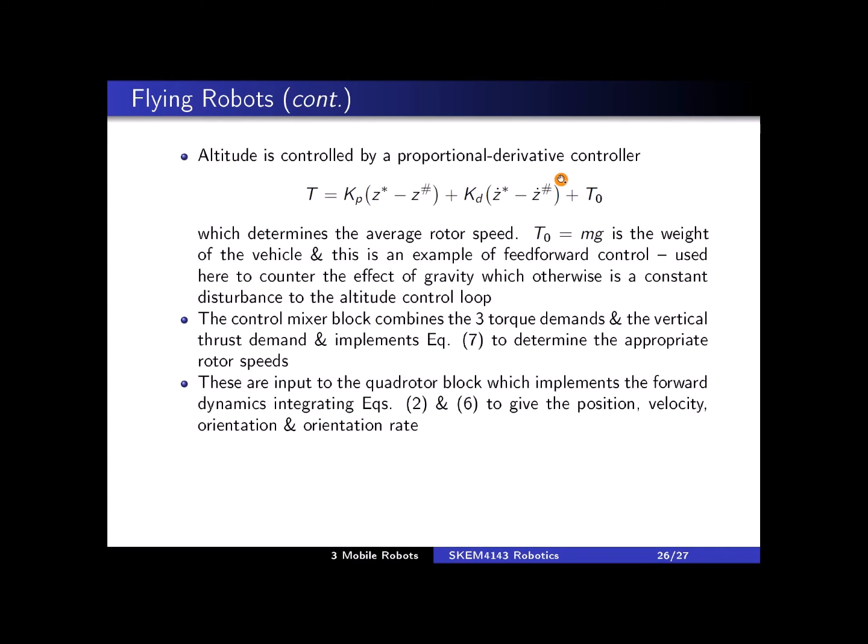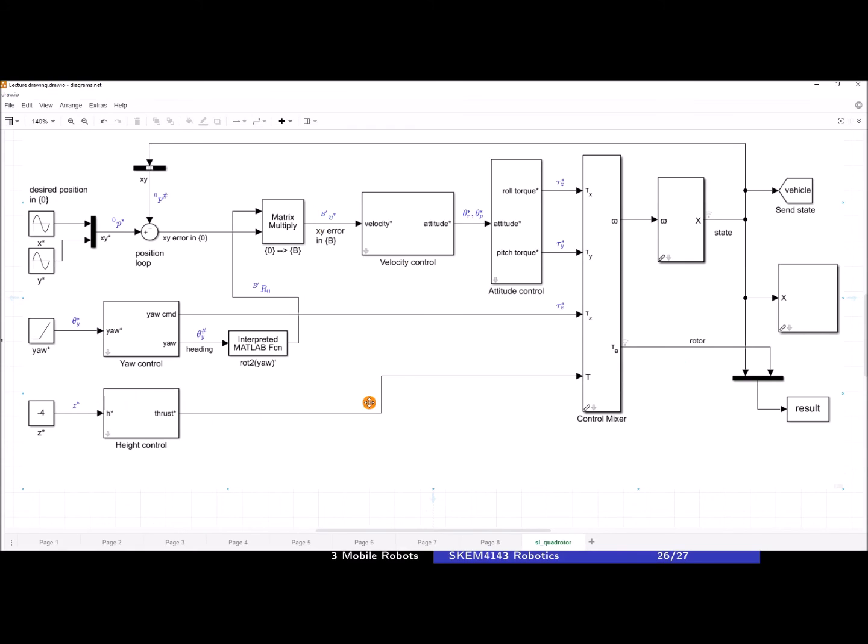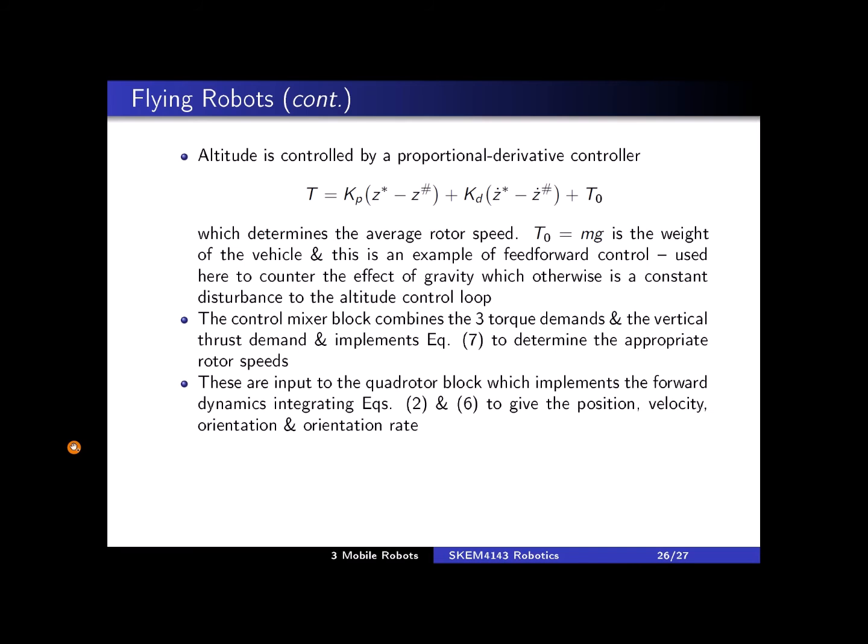The height controller, or the altitude controller, is given by this. The output of the altitude controller is thrust, and the input is the desired height.